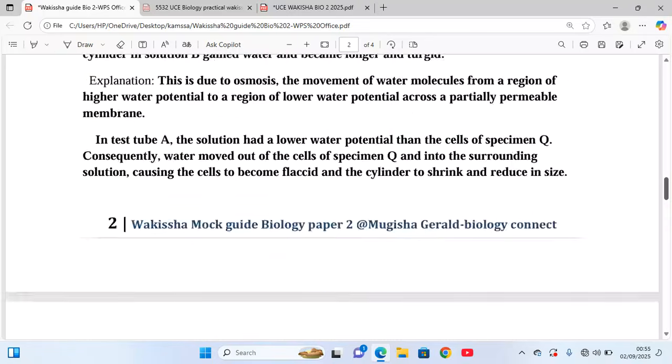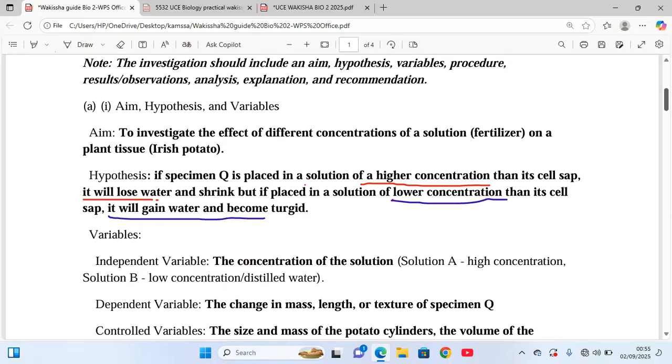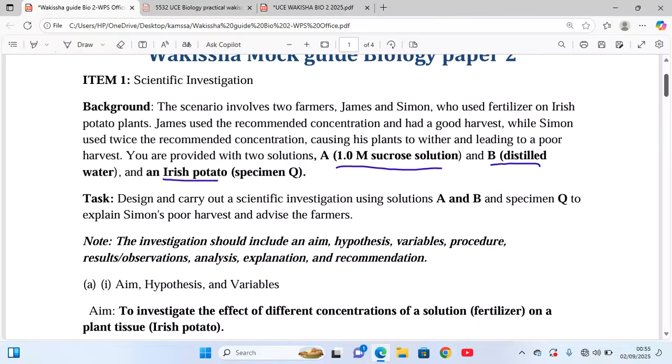Let's go back. What was our hypothesis? Our major concept in the task, and the carry out investigations using solution A and B and specimen Q to explain Simon's poor harvest and advise farmers. So we have seen what caused Simon's poor harvest and an advice to farmers.